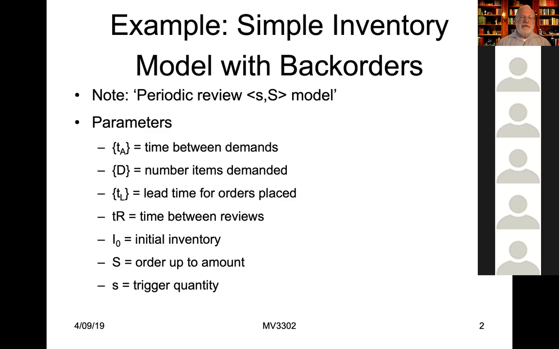But the difference is that every time there is a demand, that is, every time a customer comes in, there is a certain number of items that are going to be demanded, and that's represented as a sequence I'm calling D for demand. In the implementation, that would be modeled as a discrete random variable, one that has an integer number of possible values.